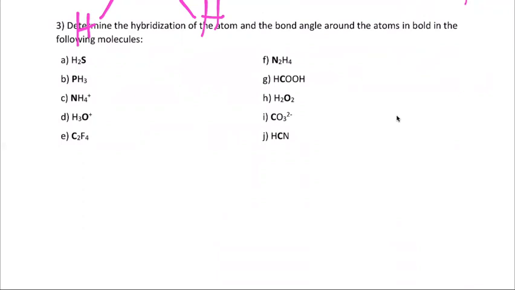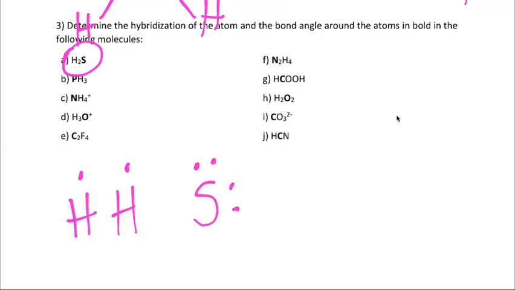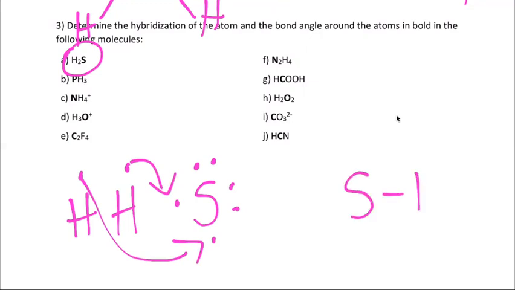So for example, if I do letter A, it's H2S. If I start out, each of the H's has a single electron. The sulfur has 6 because it's in group 16. So I'm going to end up with the sulfur in the center, bonded to the H's, and it'll still have 2 lone pairs on it.